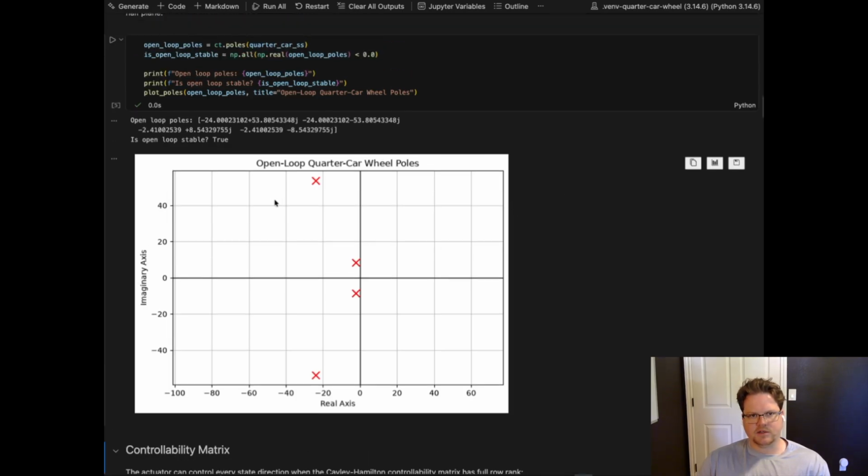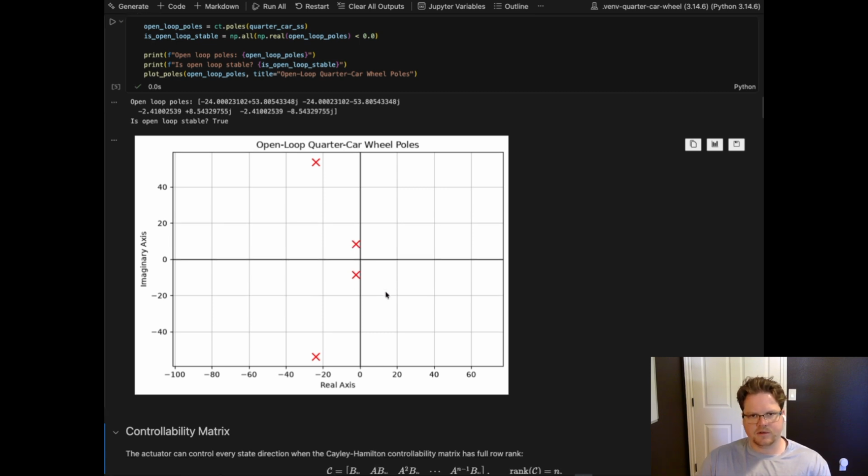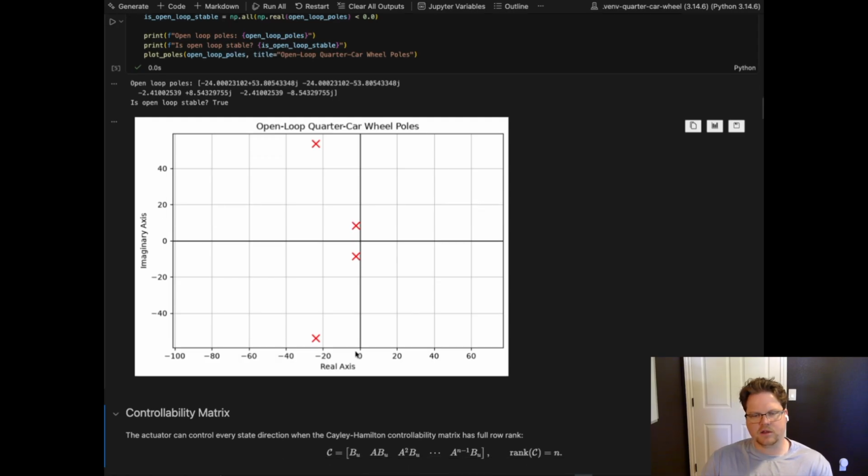And so open loop stable, yes, we have complex conjugate pairs in the left half plane of the continuous time model. Two are actually pretty close to the origin though, so that's obviously something to be mindful of. But again, this isn't the closed loop control system either.